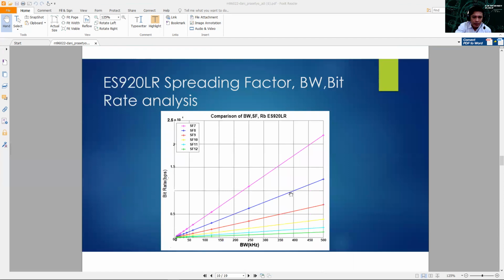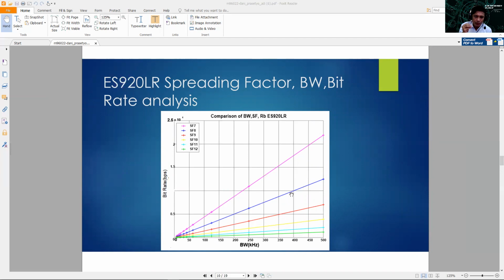And the next is about spreading factor, bandwidth and bitrate. Bitrate is important. We need to know how much throughput there is from transmitting data to the receiver on the RX. With a small spreading factor, there is a very big data rate or bit rate in bits per second.